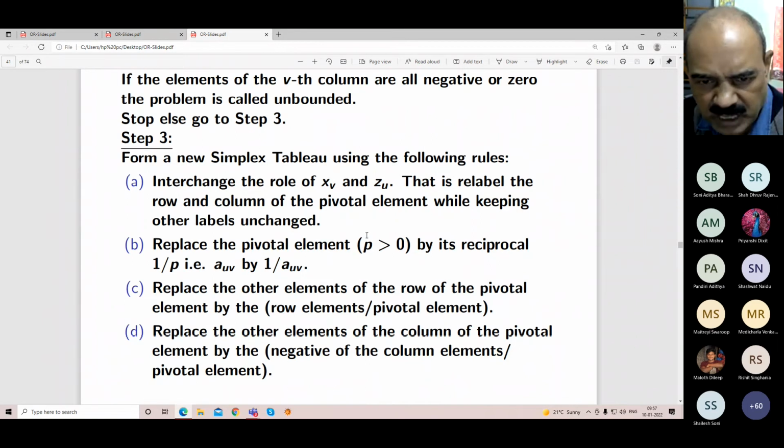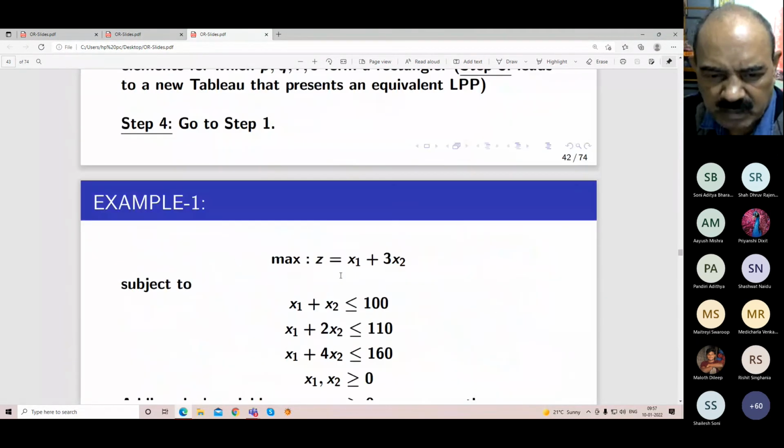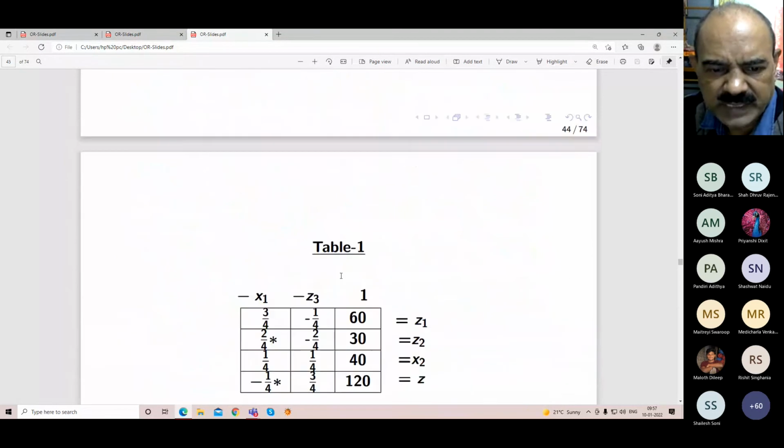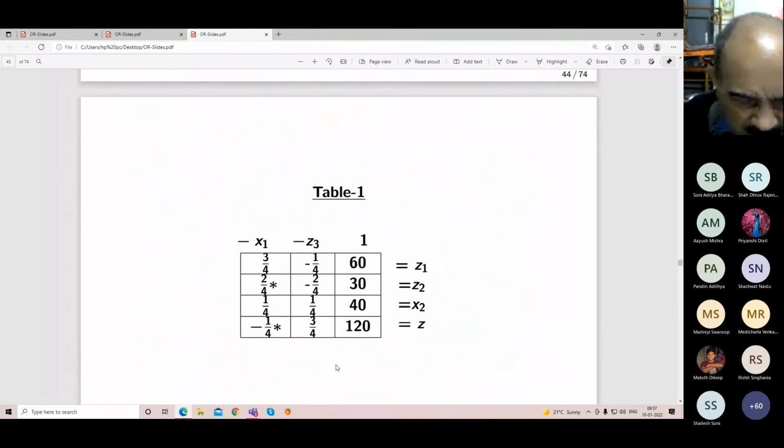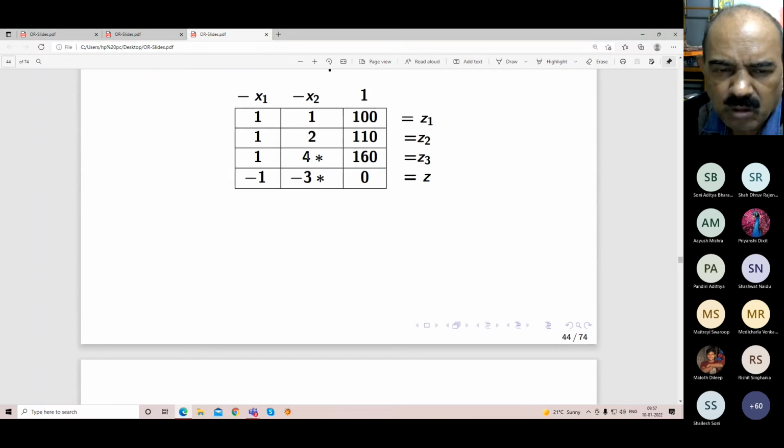So if it is P, this should be 1 over P. If it is U by V, then this should be 1 over U by V. Okay, so see here what changes we are making. Earlier it was 4.